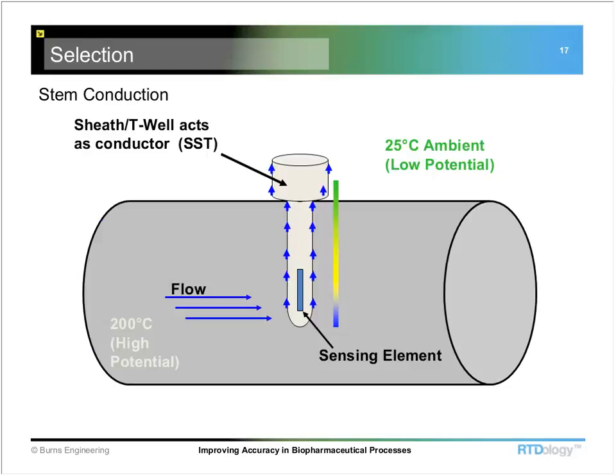What's happening with this conduction error is that we have a process. This one's running at 200 degrees C, and we got 25 C ambient. So we have a differential there of temperature, and so you're going to actually have some cooling effect on that sensing element in this process if you have insufficient immersion to overcome it.